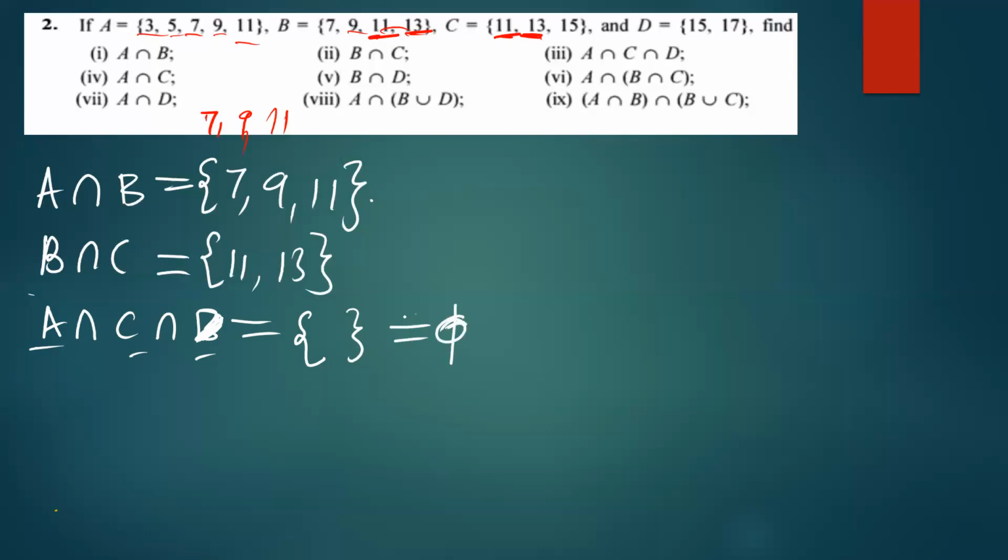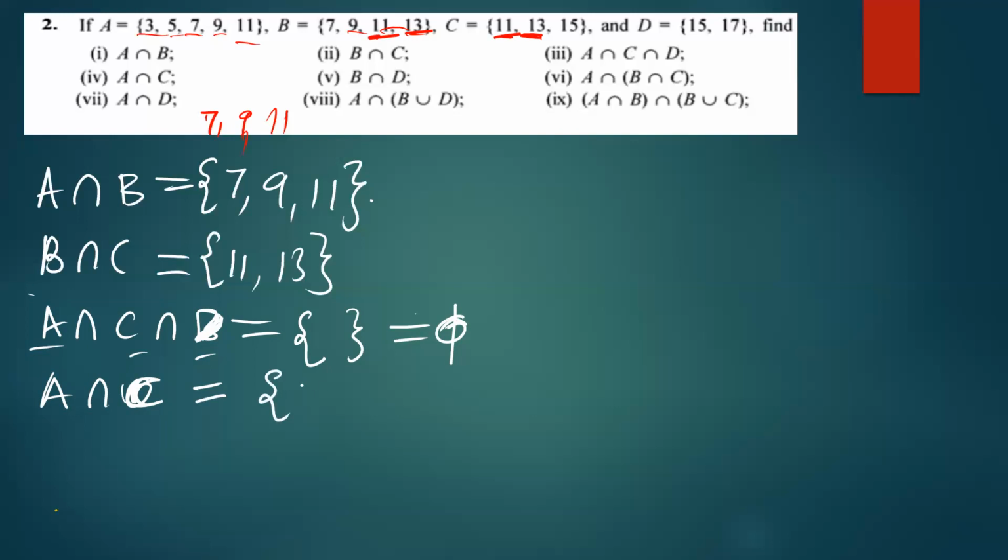Now A intersection C. Oh, sorry, I was looking at D. For A intersection C, there is something common there.